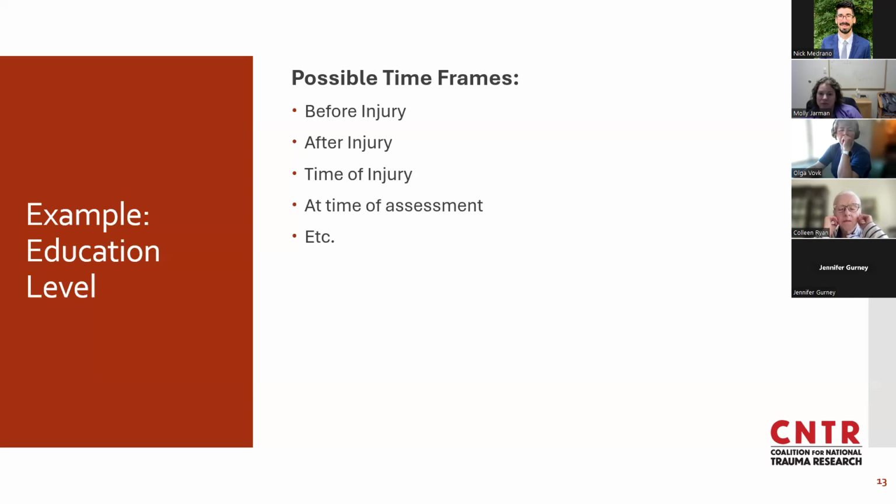And now imagine what would happen for all the CDEs if they all are using these different timeframes. We end up having tens of thousands of CDEs because we're trying to make them for each specific time frame. We don't want to do that. So I'm going to show you that there are a couple of different ways that we can incorporate this time element into education level.